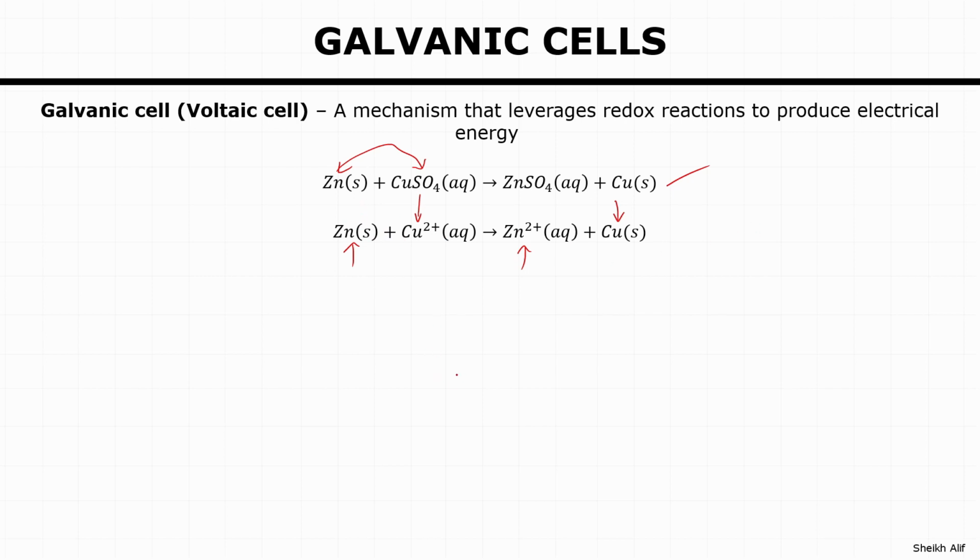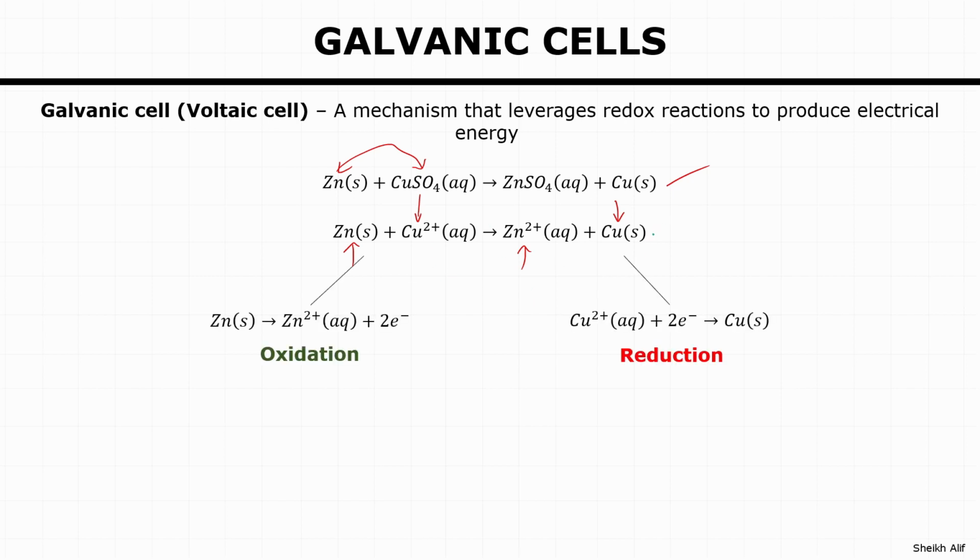So the essential idea behind a galvanic cell is to split up both of these reactions. You can split up this big equation into two smaller equations known as the half reactions. On one side you have the oxidation half reaction where electrons are being produced, and on the other side you have the reduction half reaction where these electrons are being used up.